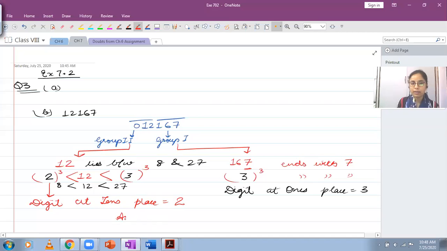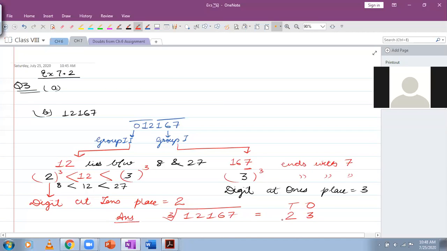And now I can give my answer. So cube root of the given number 12167 will be 3 at the ones place, and at the tens place it will be 2. So it is 23. Anyone who would like to ask anything? No, ma'am.